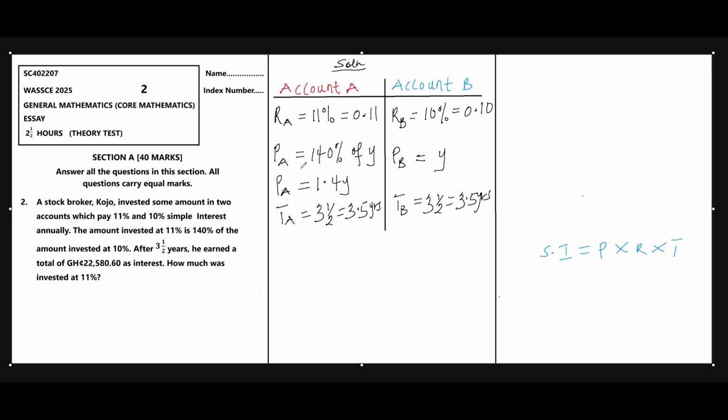So let's begin with the simple interest for account A. The simple interest for account A will be equal to the principal for account A times the rate for account A times the time. The principal for account A is 1.4y times the rate. The rate for account A is 0.11, and then the time is 3.5 years, which is 3.5.